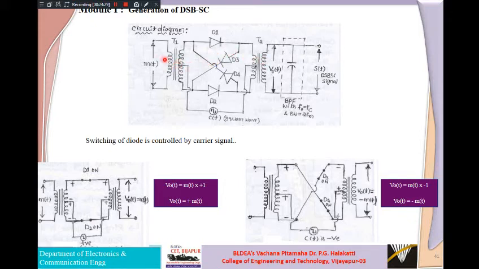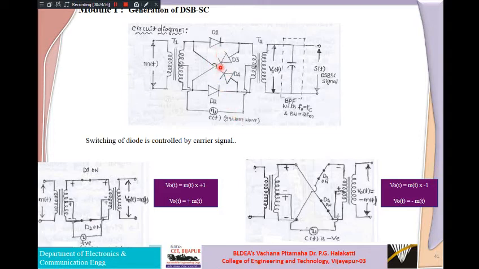At the primary of T1 you apply the message signal m(t), and between the secondary of transformer T1 and the primary of T2 you connect the carrier signal. The carrier signal is nothing but the square wave used here to do the switching operation.